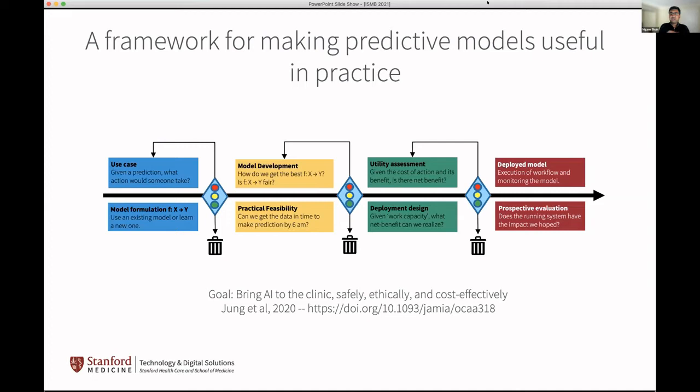I'm going to keep using that color coding. And we'll walk through the different steps: blue, yellow, green, and red, using one very specific example. And all of this is learned doing multiple models, but I'm going to use just one in the interest of simplicity and communication in a distributed environment.